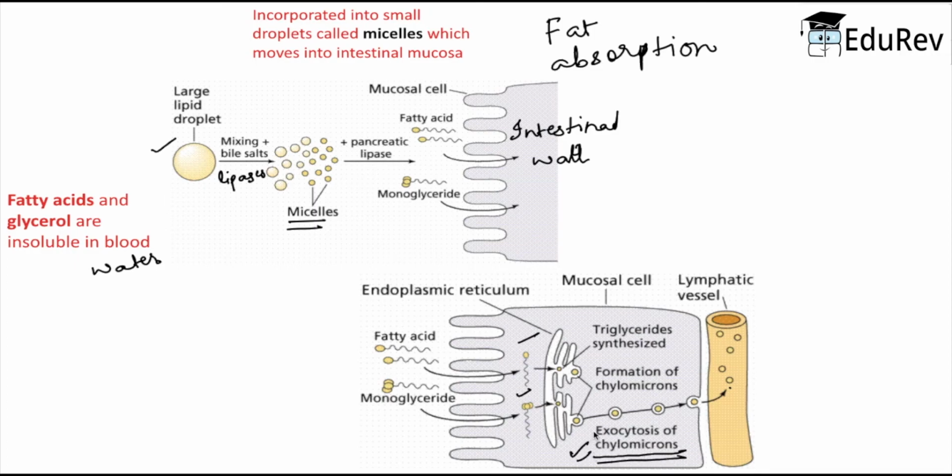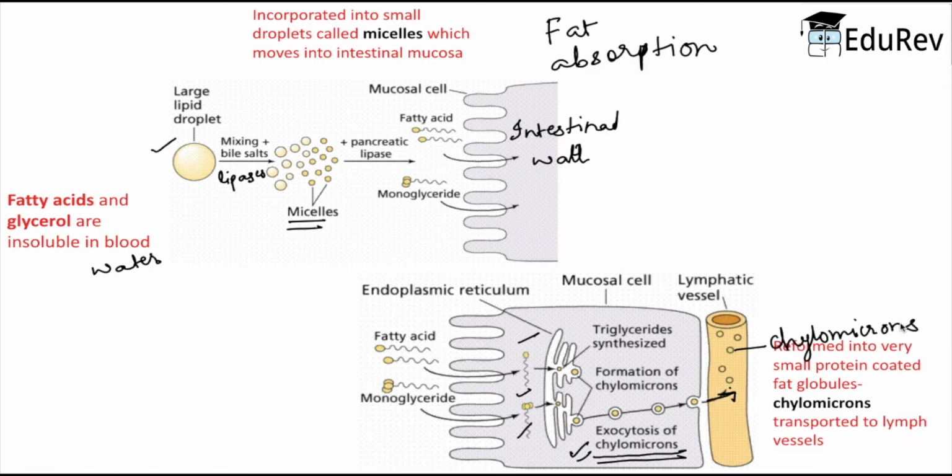Here you see the conversion of these small micelles taking place, and they are getting converted into the small fat globules, that is chylomicrons. Now these chylomicrons are getting transported inside the lymphatic vessels. This passage you can see. And these small fat globules which you see are the chylomicrons.